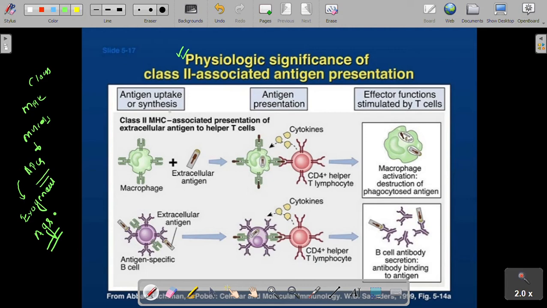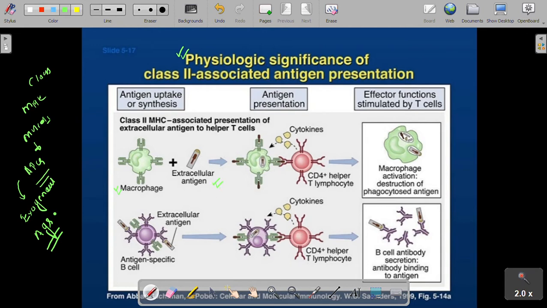First of all, we can see in this diagram class 2 MHC associated presentation of the extracellular antigen to the helper T cell. So these are the macrophages, these are the antigen presenting cells, and this is, suppose, the extracellular antigen.